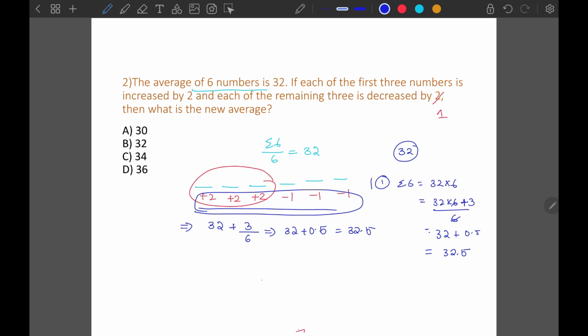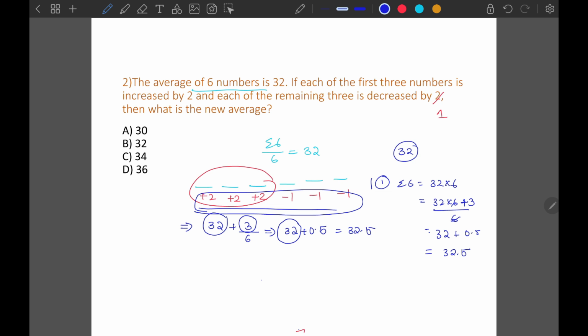Here we have done it by finding the sum. Here we are just adding or subtracting the net change. I'm distributing it among all observations with the mean. See, it is actually the old mean, and this is the net change among all observations.